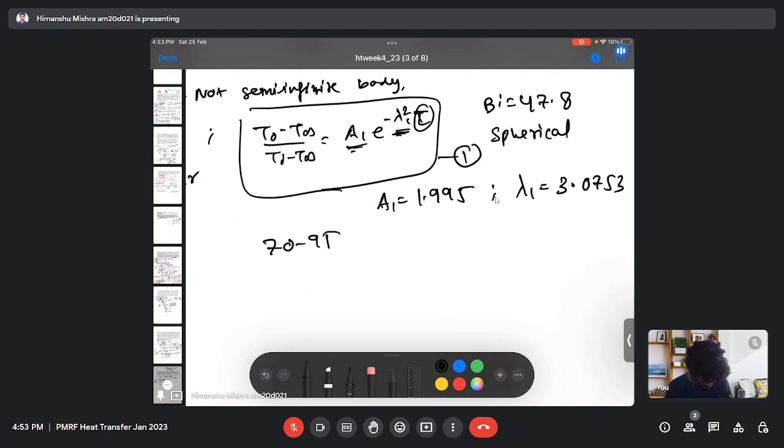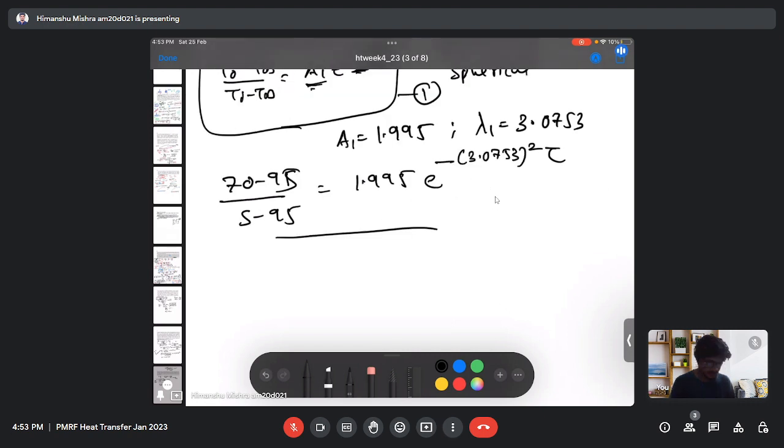We are already given the temperatures. On calculating this expression, we will get tau as 0.209.